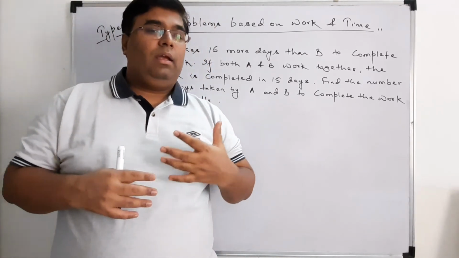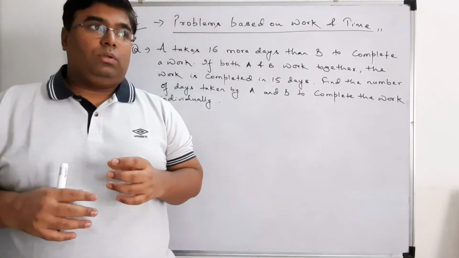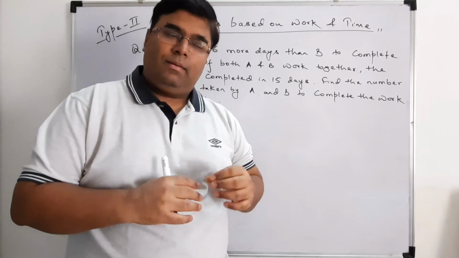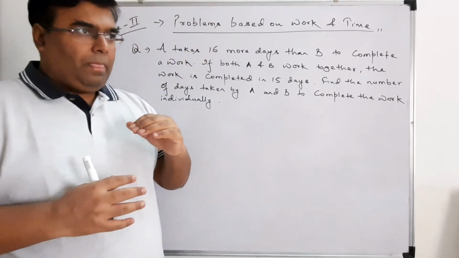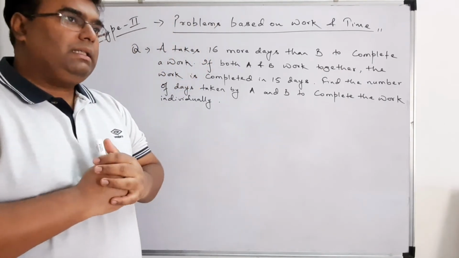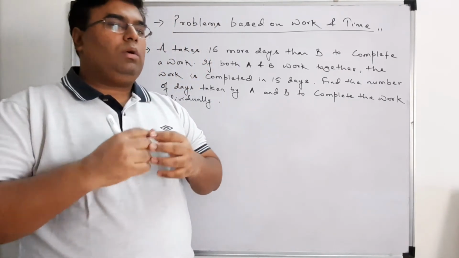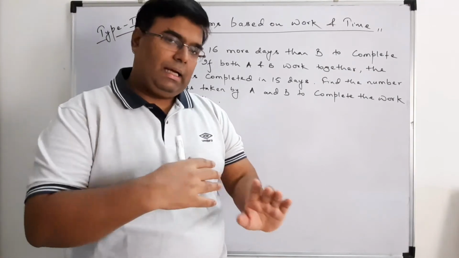It is not like one day I'll do suppose X amount and the other day I'll do more than X or less than X. So the assumption is that we need to do the same amount of work every day. And the other thing is that you need to convert everything into a single day. I'll show you how.